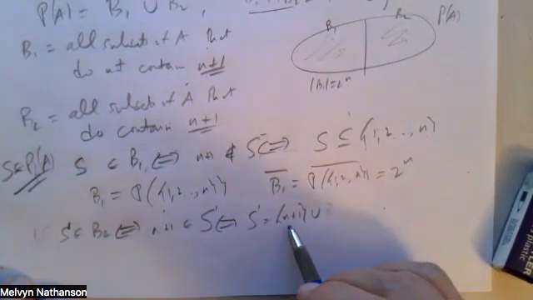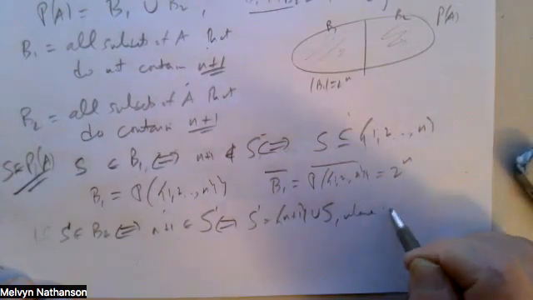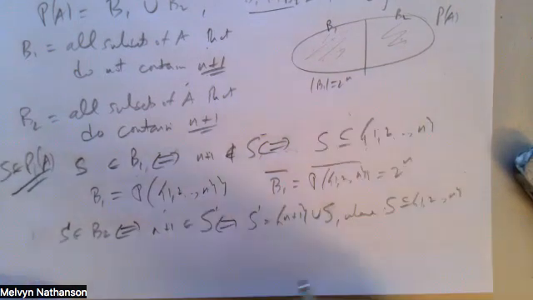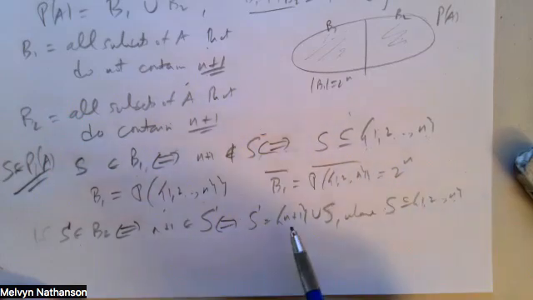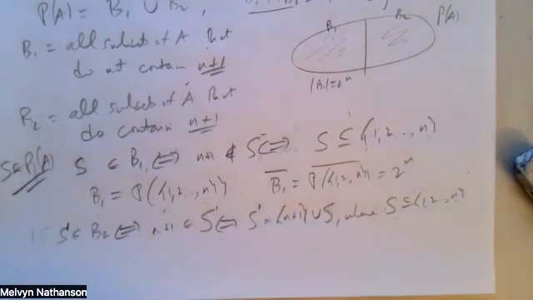So S prime is n plus 1 together with other stuff S, where S is a subset of the integers from 1 to n. If you take any subset of 1 to n and add n plus 1, that gives you the set S prime, which is in B2.